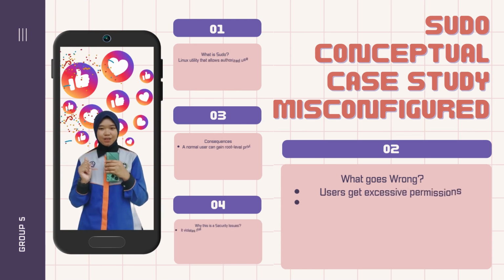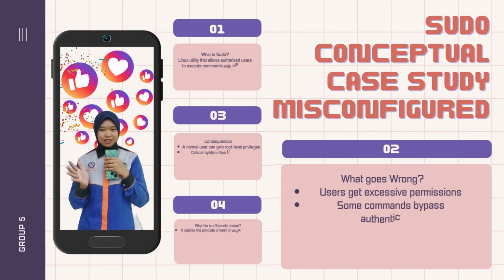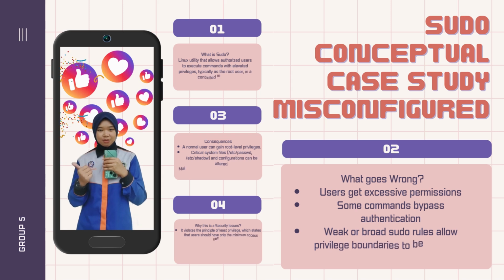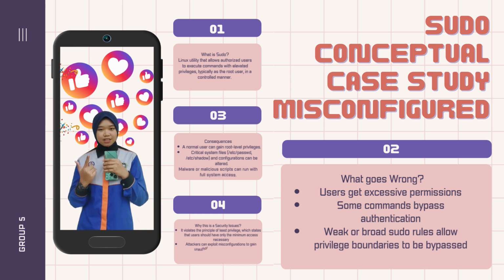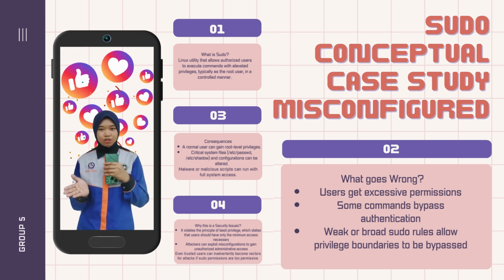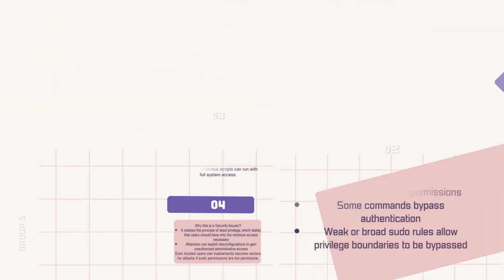The problem arises when sudo is incorrectly configured. Misconfigurations include users being granted excessive permissions, certain commands being allowed without password authentication, and broad or poorly defined sudo rules that weaken privilege boundaries. These issues allow users to bypass normal security controls.